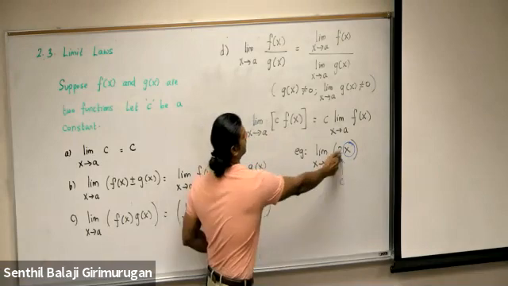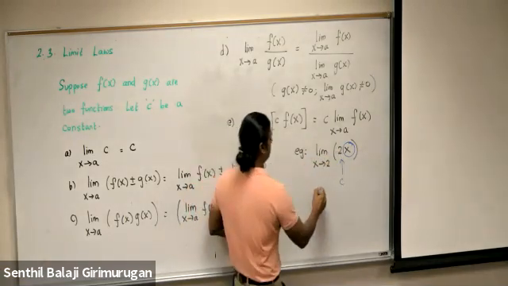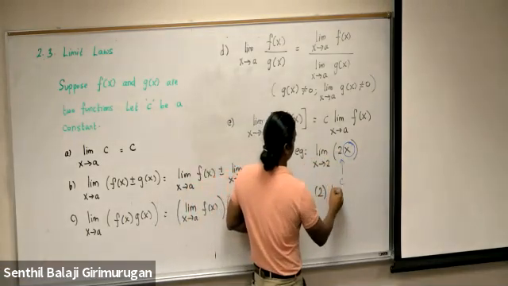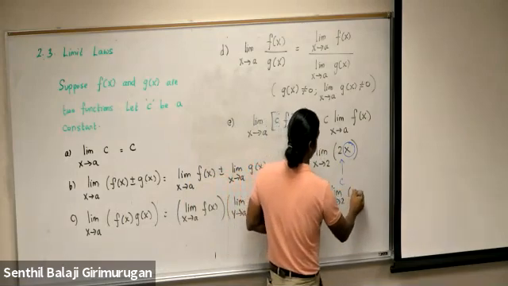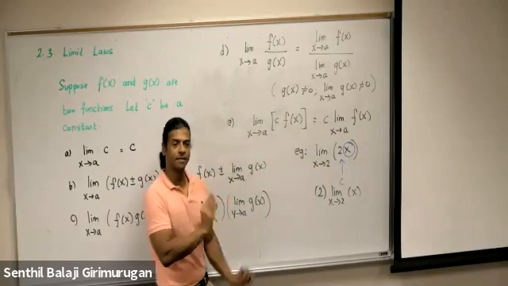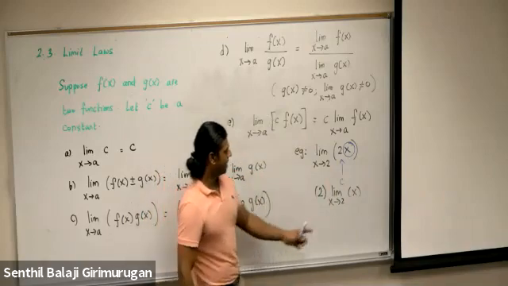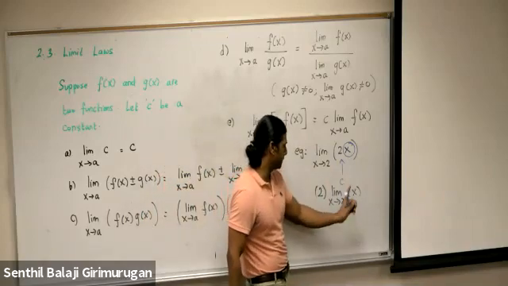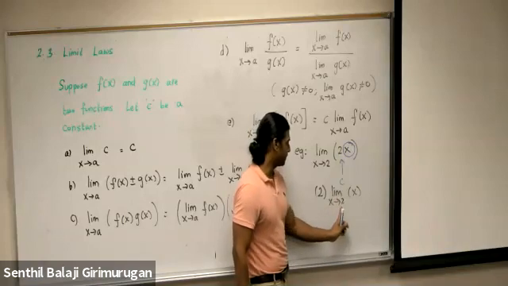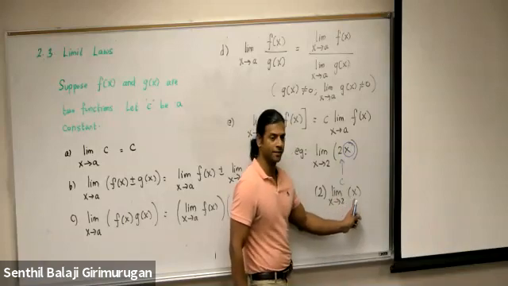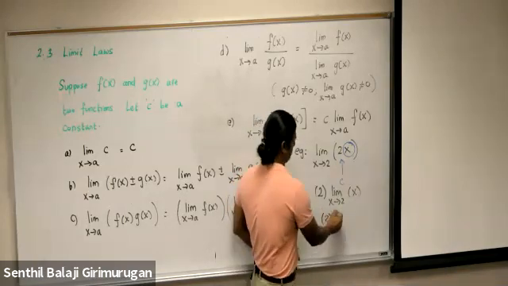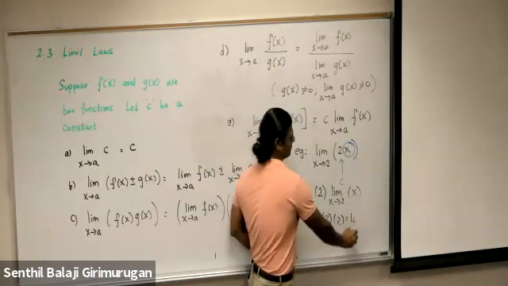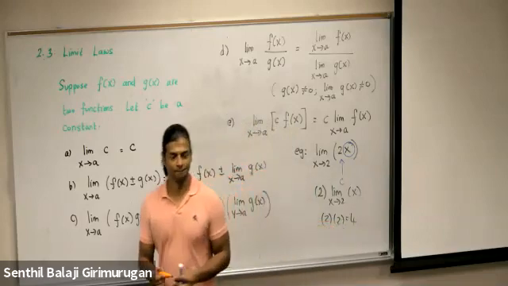So I'm just going to pull that 2 up and apply the limit only to x. Now, no problems with x. So if x approaches 2, what is the value of x? 2. Does that make sense? Yeah.